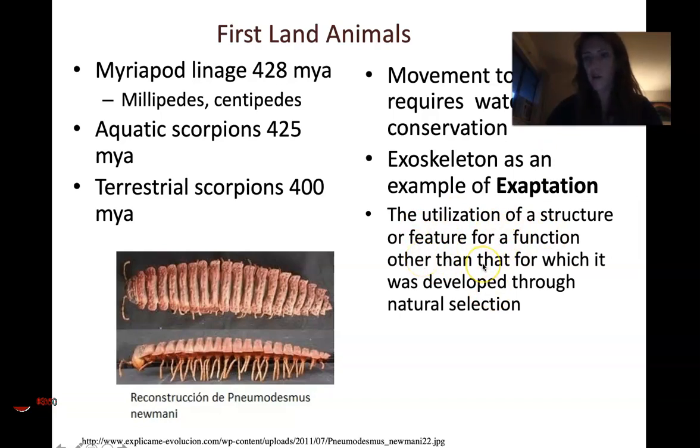So it evolved for protection, something like that. In this case, the exoskeleton is now actually used for water conservation, which is a major thing on land. So we saw the exoskeleton evolving in the water as a protection mechanism, but now on land, it's a great strategy for reducing water loss.